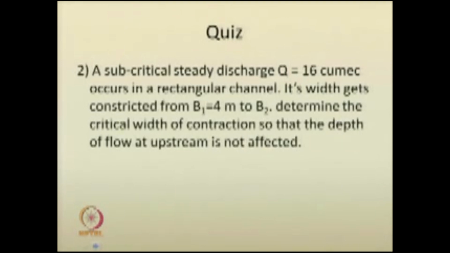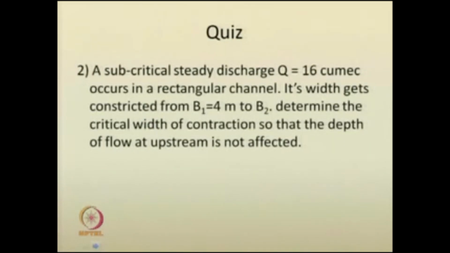The next question is a numerical problem which is quite easy. Although you have not done it, it is easier for you to solve. A subcritical steady discharge Q of 16 cubic meters per second occurs in a rectangular channel. Its width gets constricted from 4 meters to a particular value.